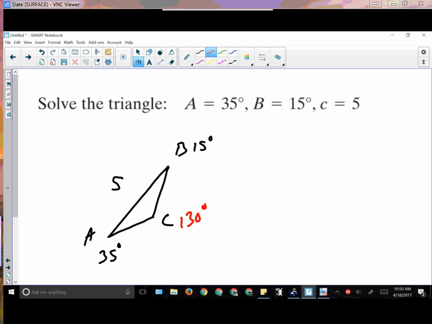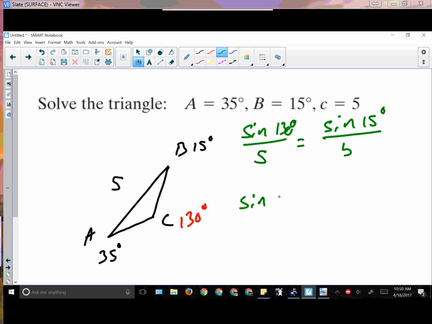So now do I have enough information to go through and set up my ratios? So if I want to find B, I could end up taking the sine of 130 degrees over 5 is going to be equal to the sine of 15 degrees over B. Likewise, the sine of 130 degrees over 5 is going to be equal to the sine of 35 degrees over A. And again, this is just simple calculations once we're to this point.